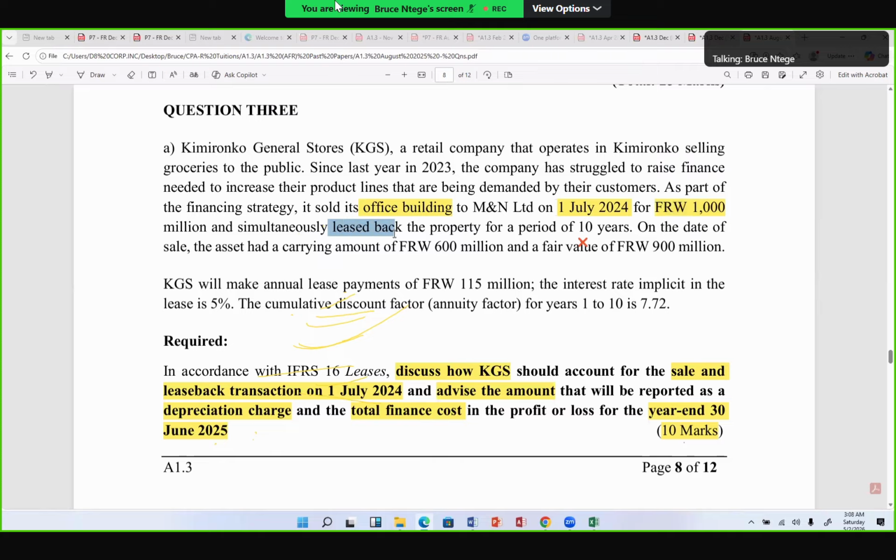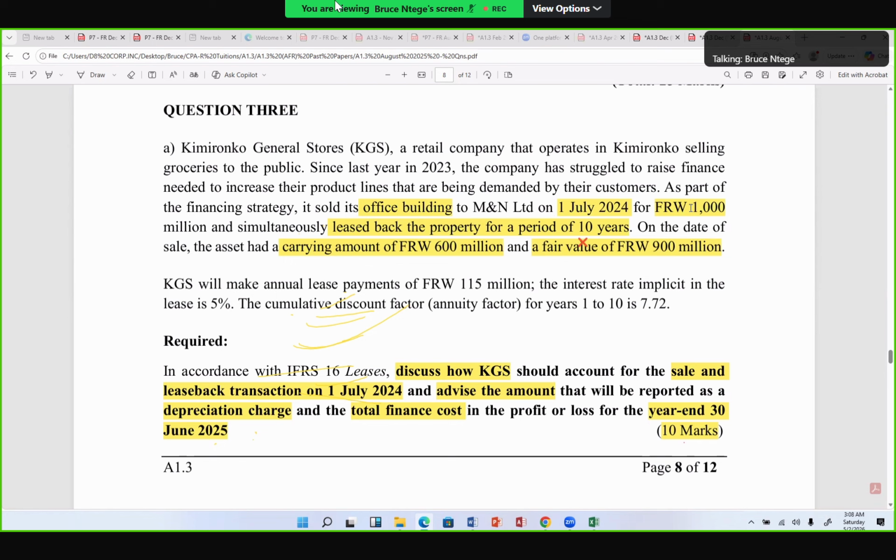Okay, now on the date of the sale, the asset had a carrying amount of 600, meaning that if they sold it for 1,000, the normal profit was 400. 1,000 minus 600, they made a normal profit of 400. But the fair value of that asset on that date was 900. In the market, the normal market price of this building is 900, but they've sold it off for 1,000.